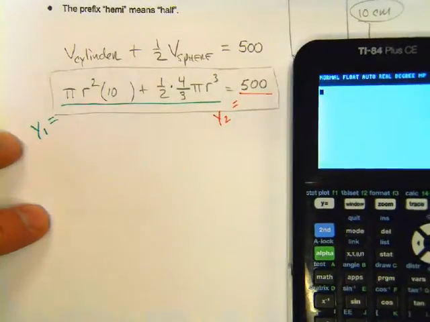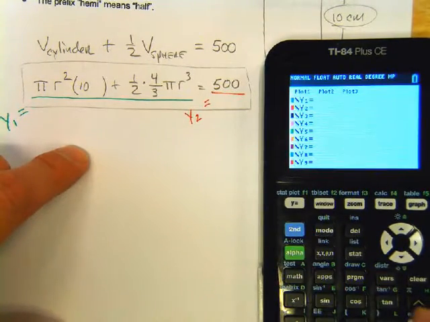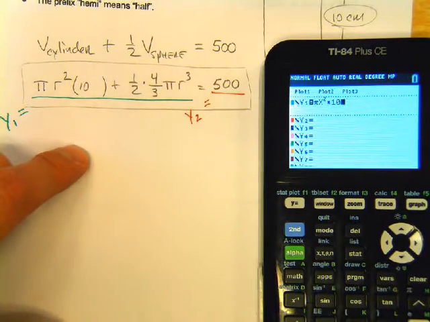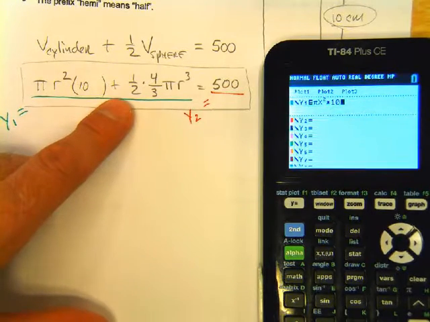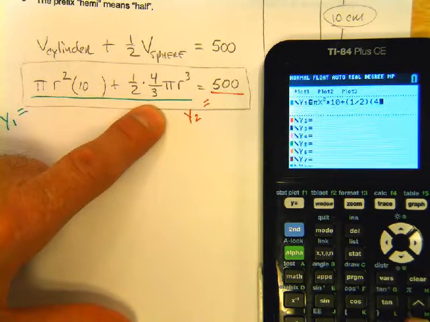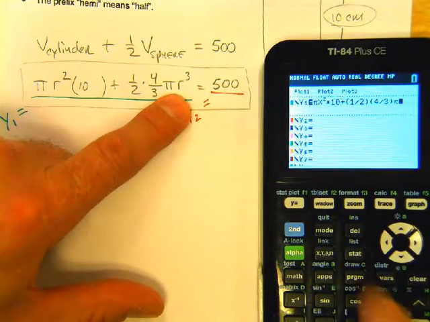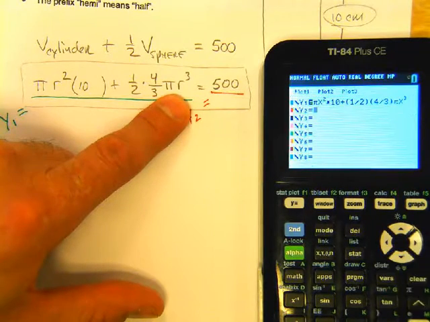Going into y equals, y1 is pi symbol x squared times 10. I'm using x instead of r. Then plus parentheses 1/2 times parentheses 4/3 times pi symbol times x to the third. And in y2 we put 500.